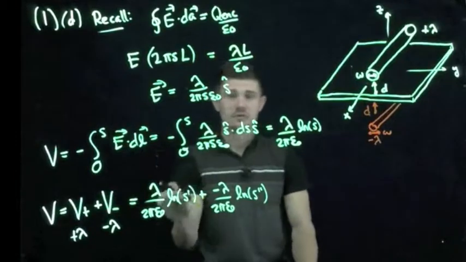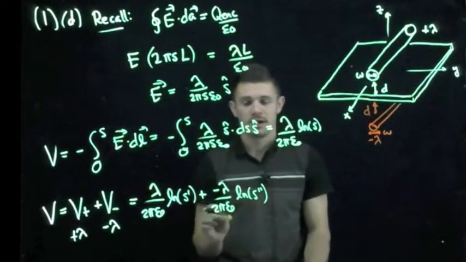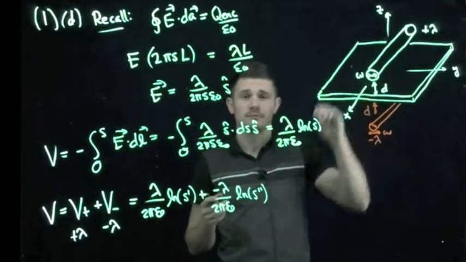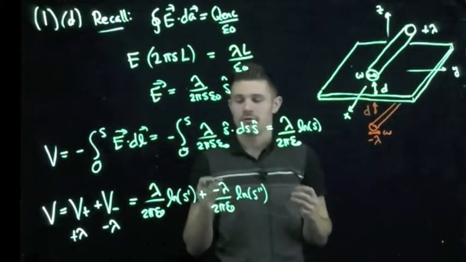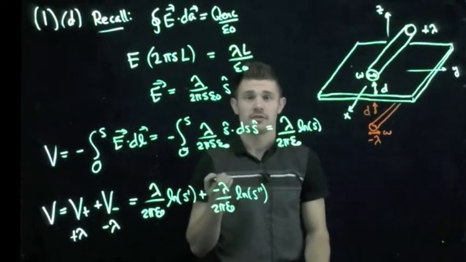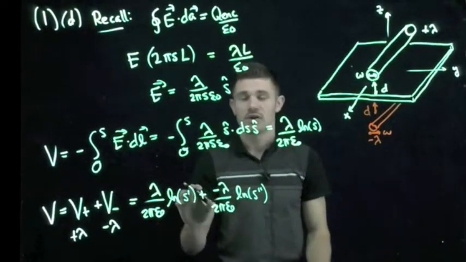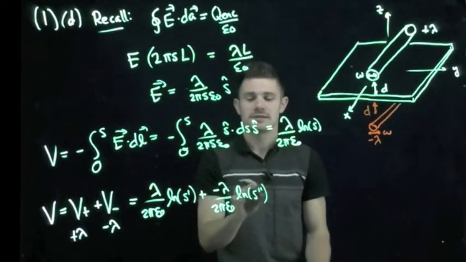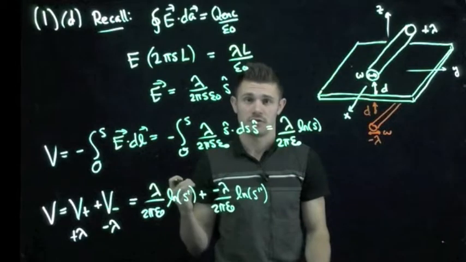Here I've used two positions, s prime and s double prime, to indicate that when we're looking at a position above our conducting plane, the point of interest will be a distance s prime away from the positively charged rod, and a distance s double prime away from the negatively charged rod.